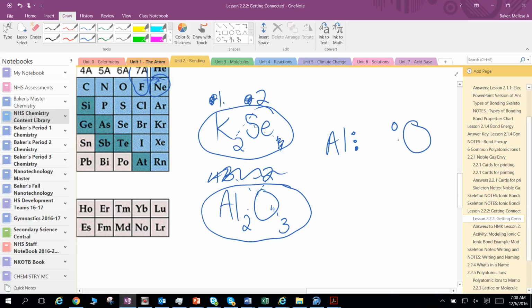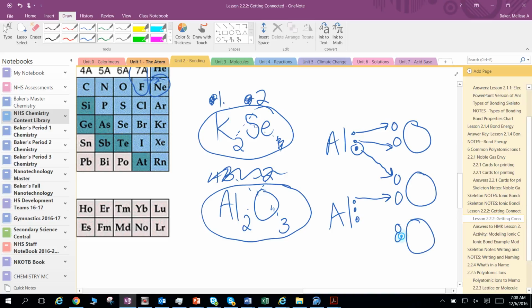So if you just started off with an oxygen that wants to receive 2, you can see that this is not going to be a good pairing because there's still an electron that we need to get rid of. And if you make another oxygen, those always accept 2. So that's not working out either. So you need a second aluminum, and you need a third oxygen, to make everything work out.